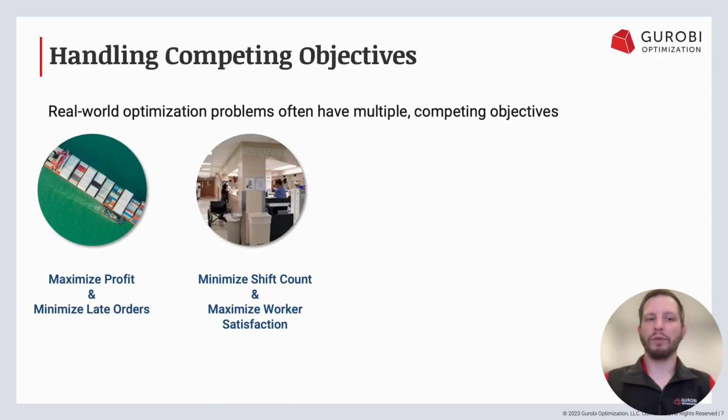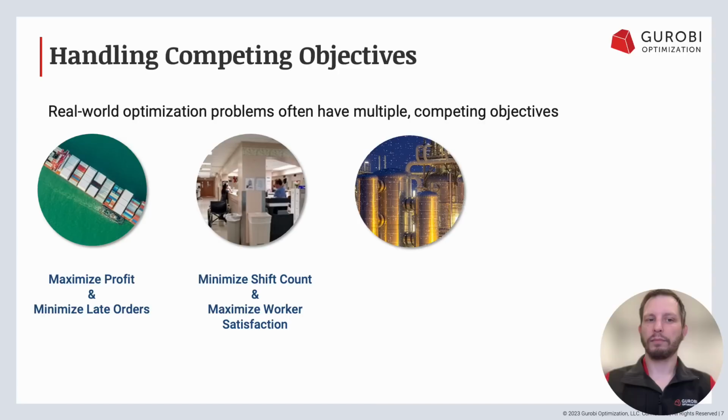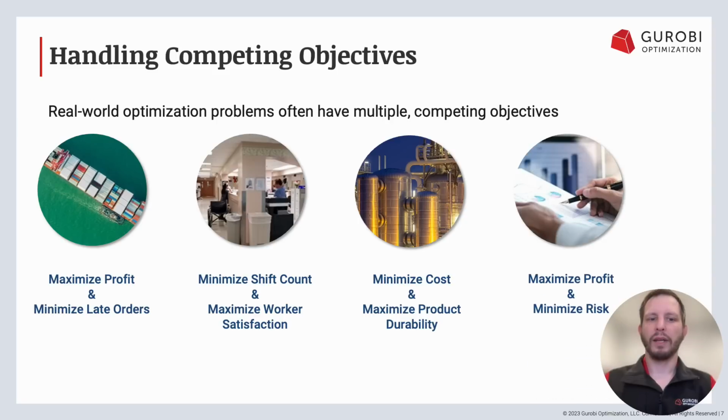You may also want to minimize shift count while maximizing worker satisfaction. Minimizing costs of production, but also maximizing product durability. And from a portfolio view, you want to maximize profit while also minimizing risk.